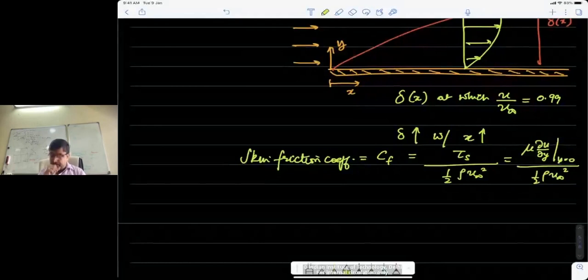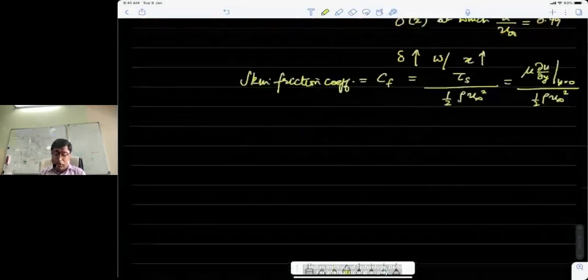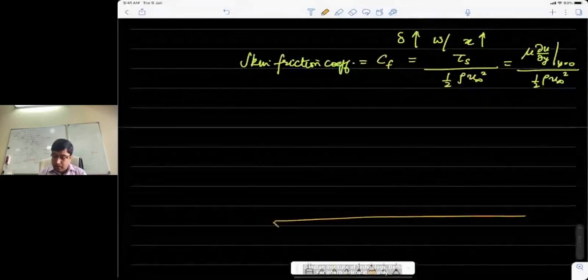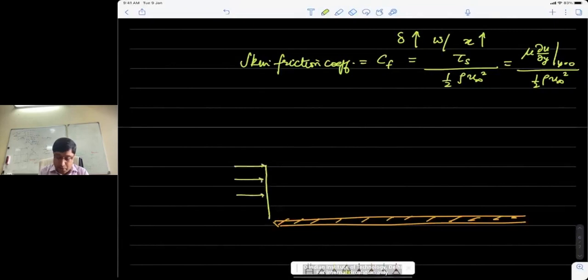Now, similar to the velocity boundary layer, we also have thermal boundary layer. So we go back to the flat plate again. This time, let's say that the flow coming in has some uniform temperature distribution.